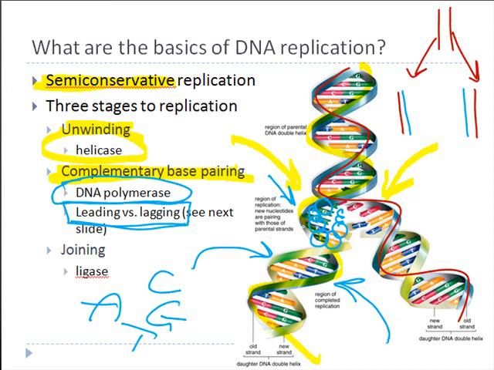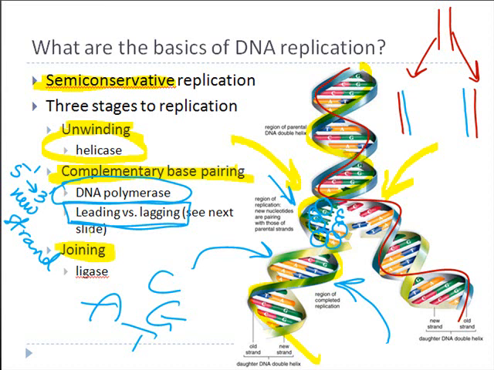This process of base pairing, of synthesizing, always moves in the 5' to 3' direction when you're talking about the new strand that's being made. The new strand is always synthesized starting at the new strand's 5' end and moving toward the new strand's 3' end.